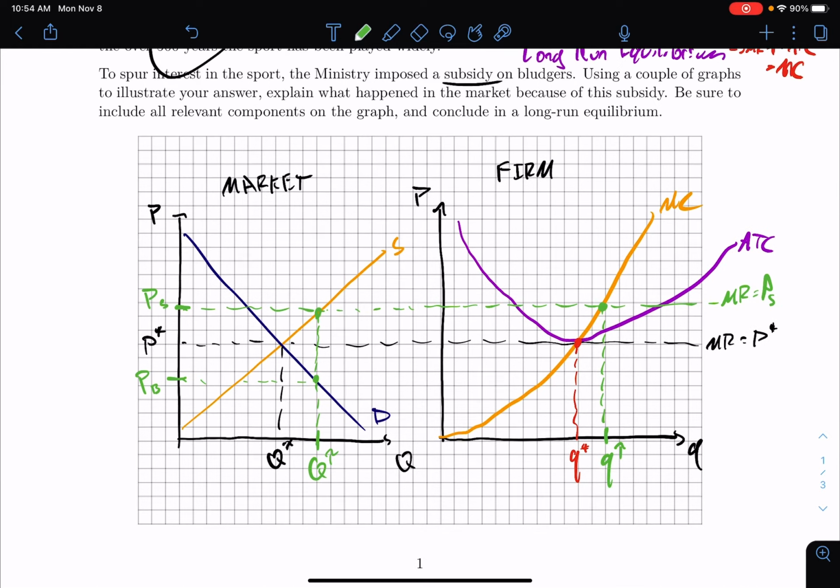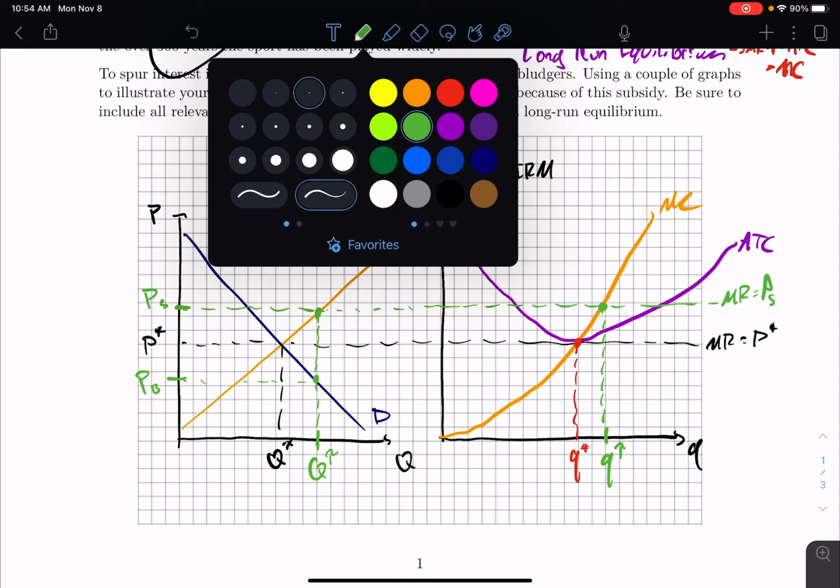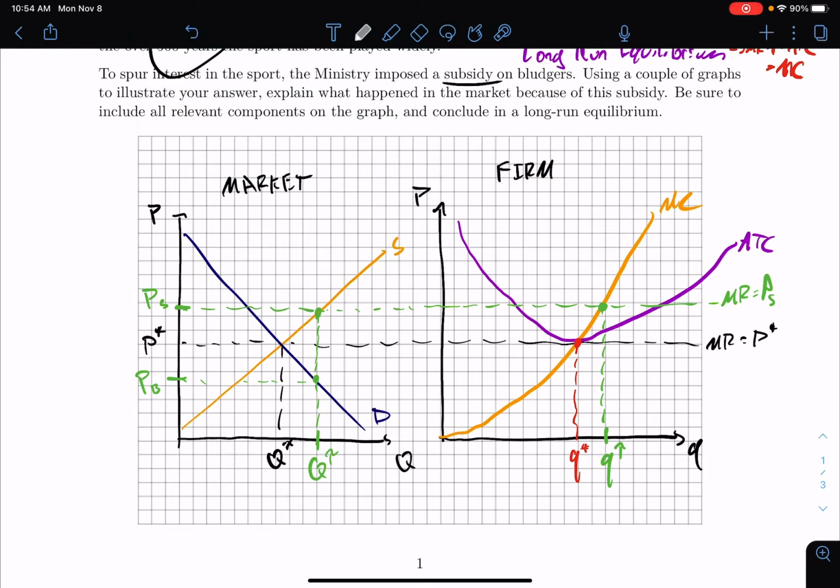Okay, so the next thing to do is to find profit, and let's just plot this. So at Q tau, we have our ATC. So this is ATC. And we have our price, PS.